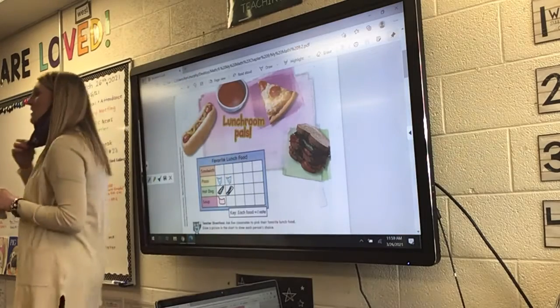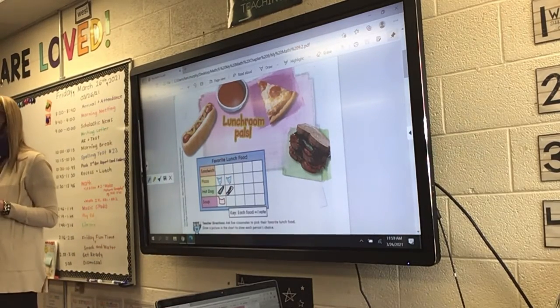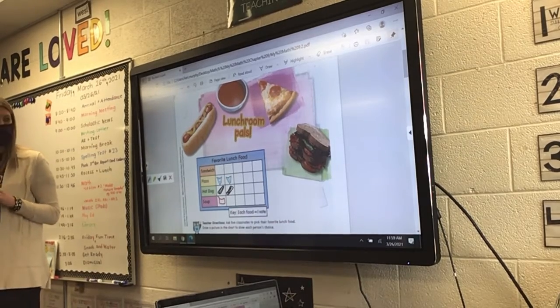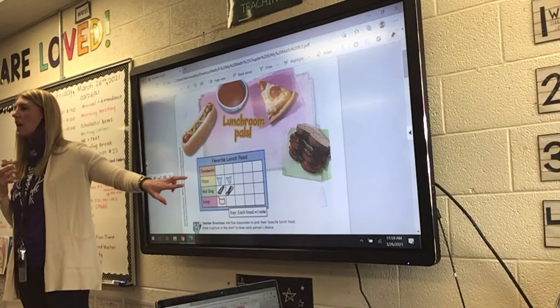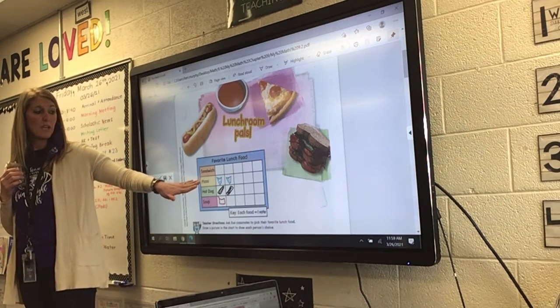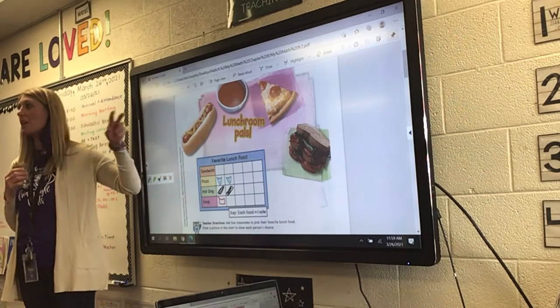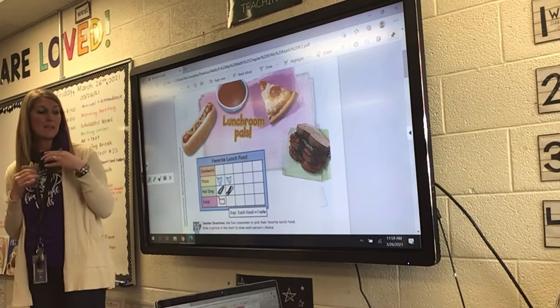So least favorite food is sandwiches. What is the most favorite? I got pizza and hot dog. It's a tie. Sometimes you will have a tie. In this one, the favorite food is pizza and hot dog. They are tied, and sometimes that happens. Sometimes you won't have the most. Sometimes you'll have a tie.